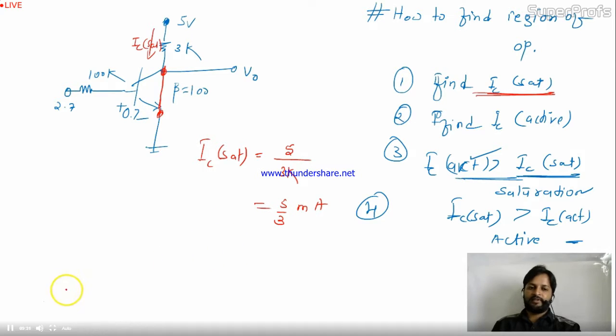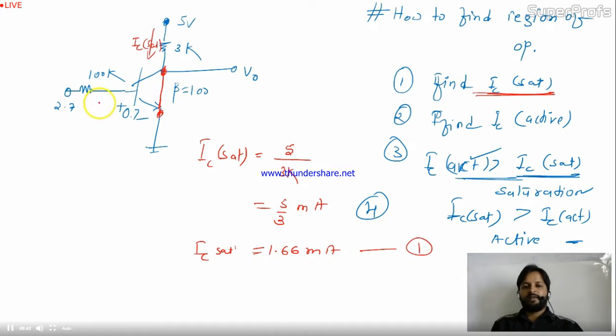So your IC saturation is 1.66 milliampere. Correct? Okay, fine.